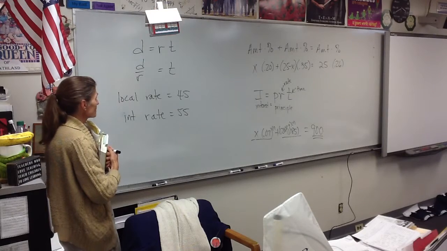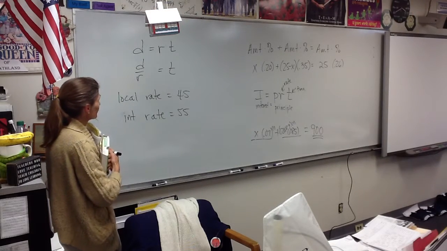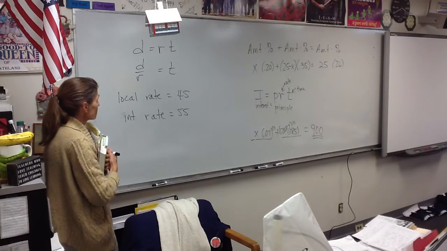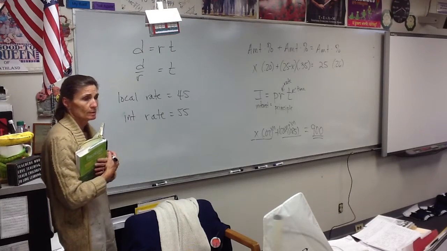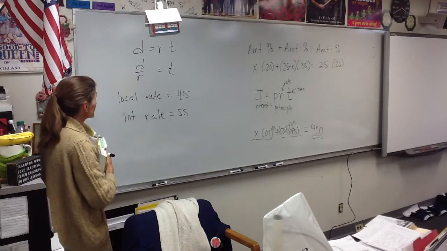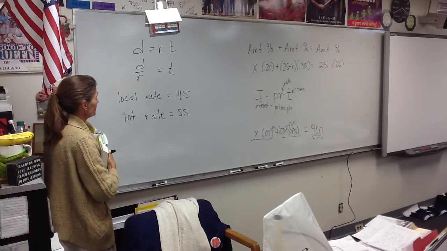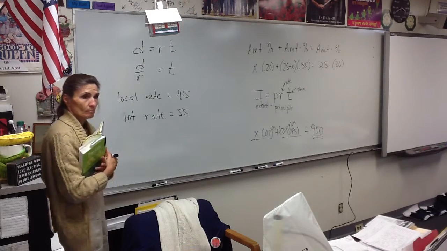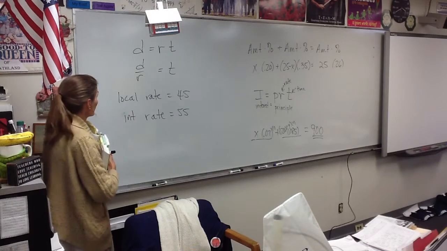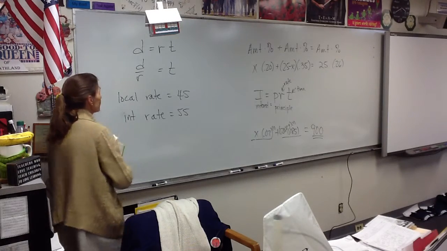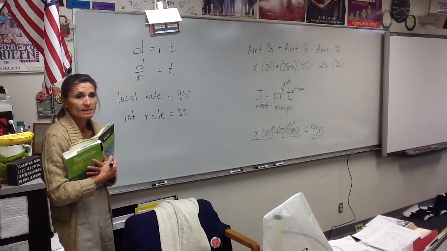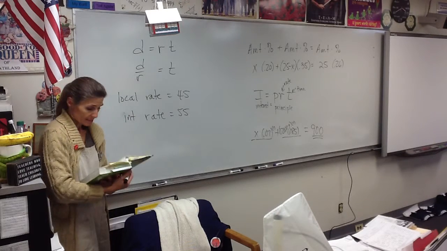I'll go ahead. What do you think? We got some good stuff up here. I'm just not sure where we're going, but let's see if we can figure it out. 516 for D? Well, be careful. 560 is the total, isn't it?